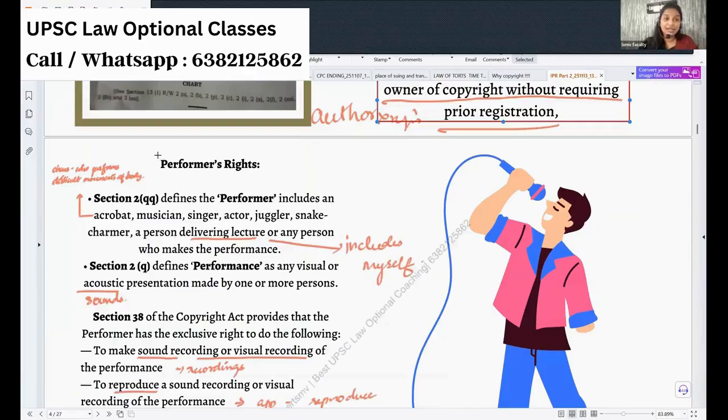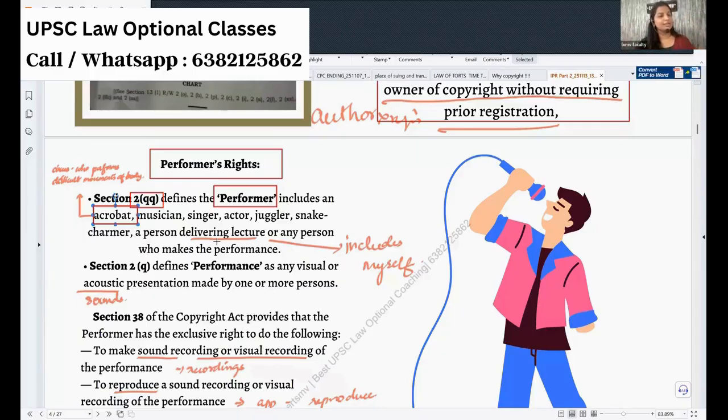Next, we have another type of right called performer's right. Who is a performer is defined under section 2 clause QQ. It includes an acrobat. Everyone would have seen an acrobat if you have gone to a circus. The person who is doing very hard bodily movements is called an acrobat, like a gymnast or something like that.